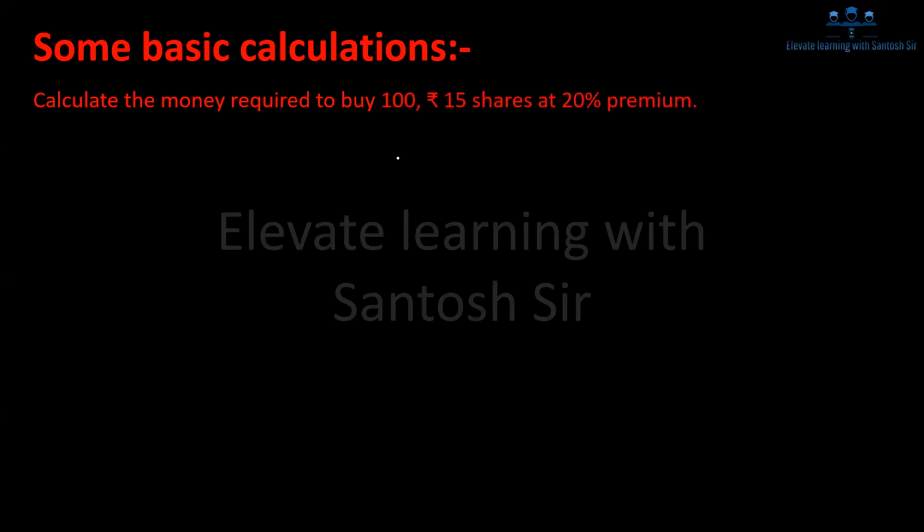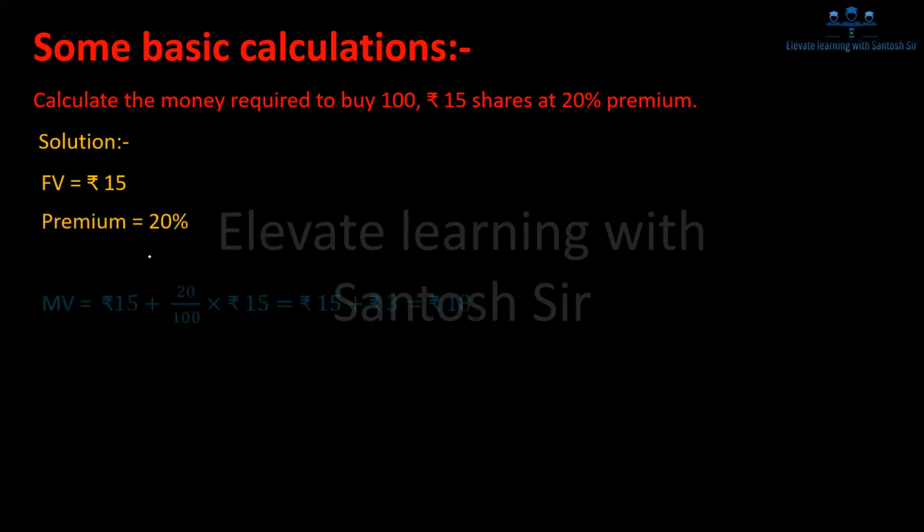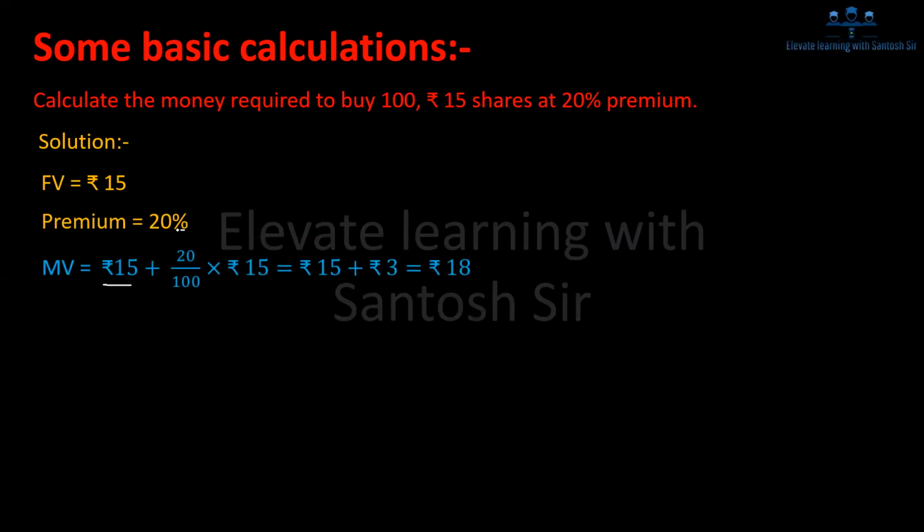Let's proceed. Calculate the money required to buy 100 rupees 15 shares at 20% premium. Here the exact value of the premium is not given, but its percentage is given. With the help of this, we first have to find the market value of the share. We have the face value of rupees 15. The market value of this share will be rupees 15 plus 20% of rupees 15.